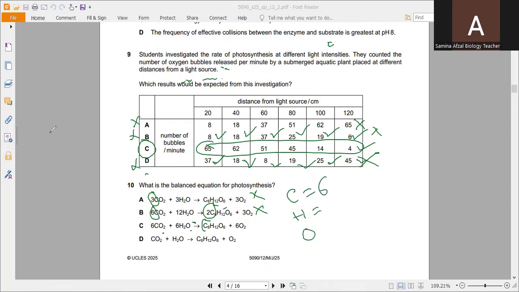Hydrogen is 12, and you can see the oxygen is 18 on both sides. So C is a balanced equation. Carbon dioxide plus water, again, this is not a balanced equation. Only C is the balanced equation for photosynthesis.